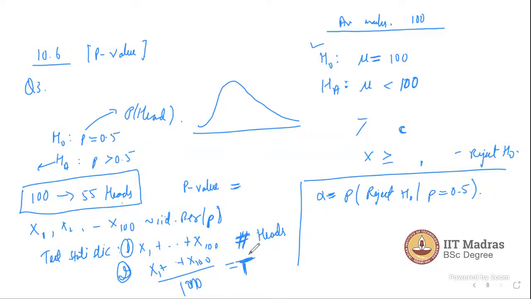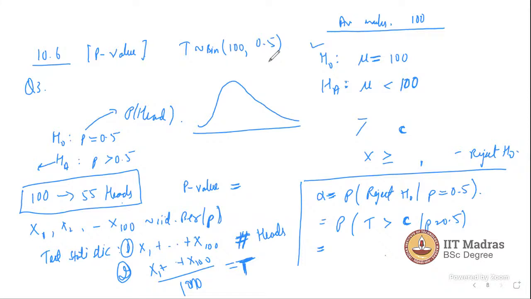Whatever T you take, if I take T to be x1 to x100, in that case you are rejecting H0 if T is greater than some c, given p equals 0.5. So this T follows the binomial distribution with n equals 100 and p equals 0.5.